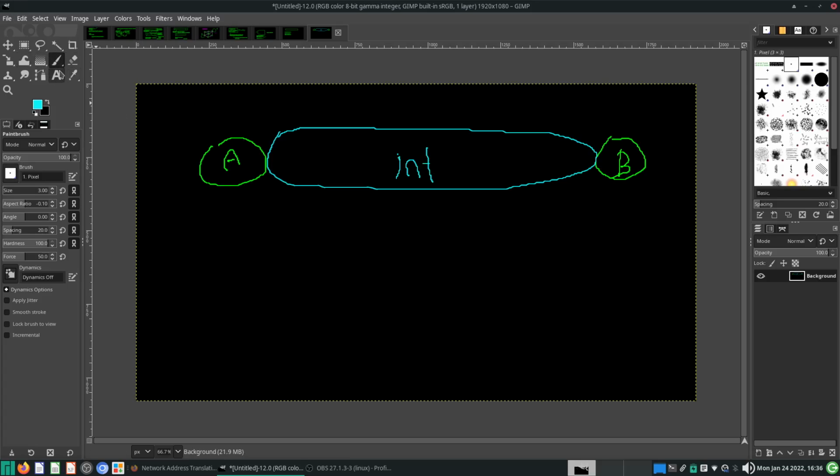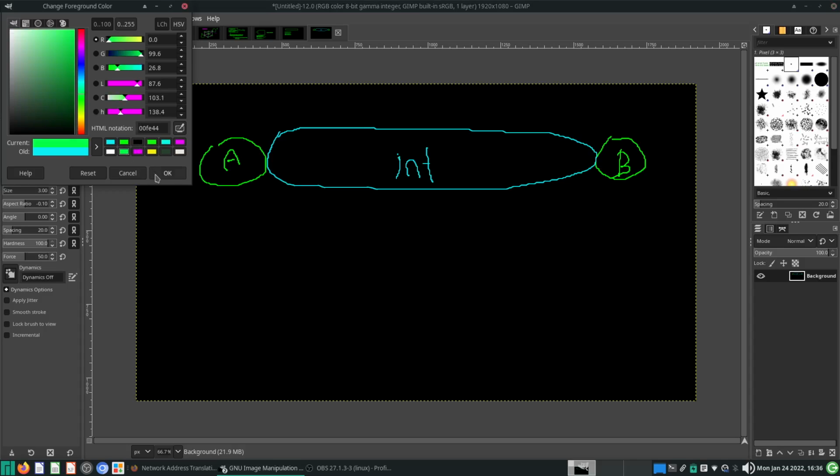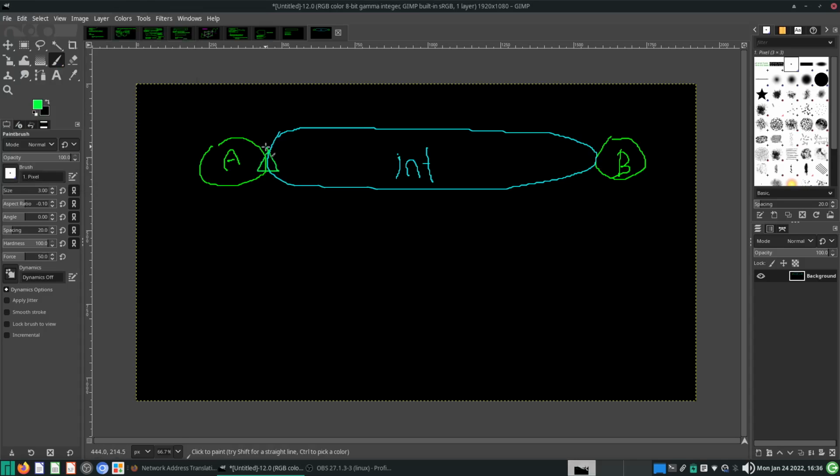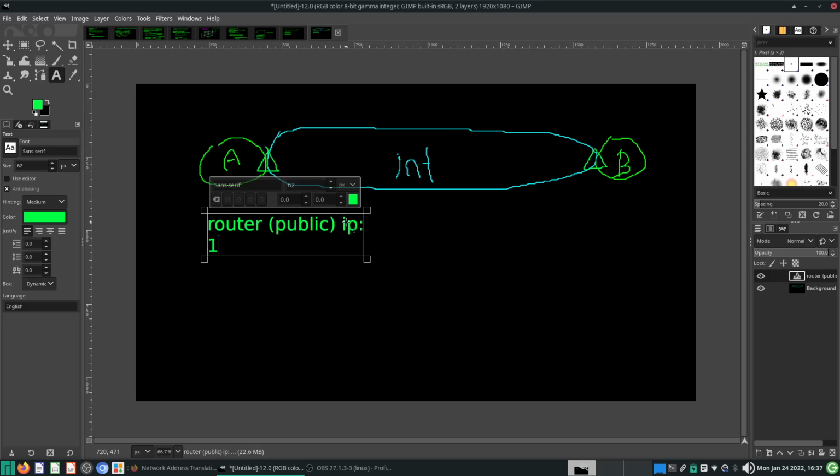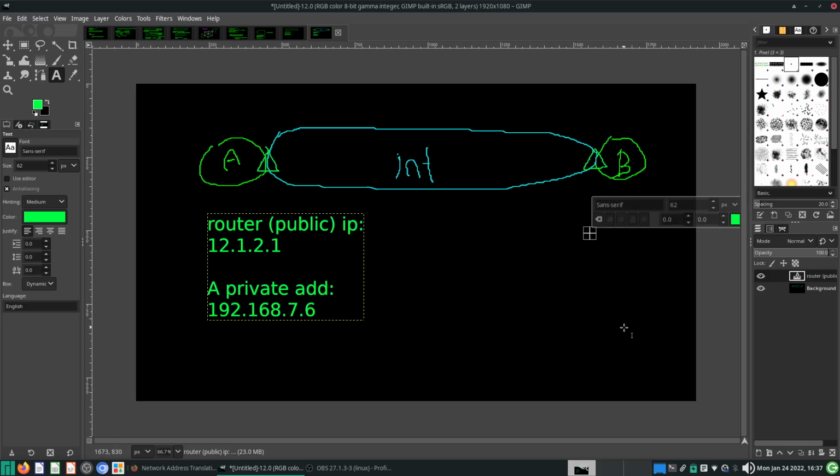And we now know that network A has a router here, network B has a router here, and this router has a public IP address, 12.1.2.1, and a private address 192.168.7.6.